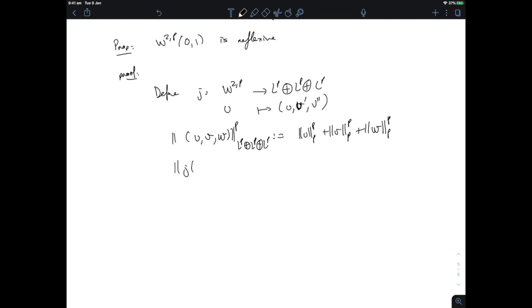So the norm of J(u) in L^p plus L^p plus L^p is really the same thing as the norm of u in W^{2,p}.